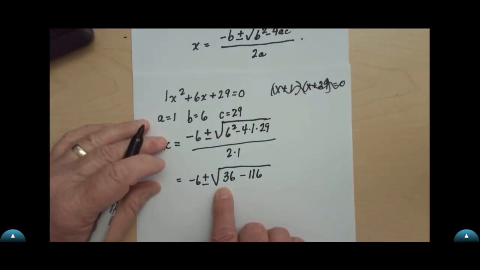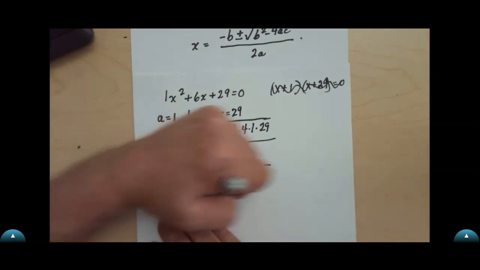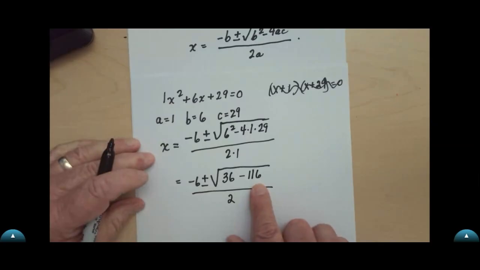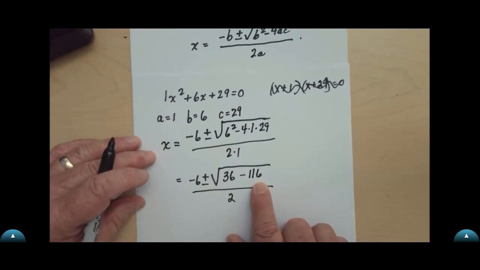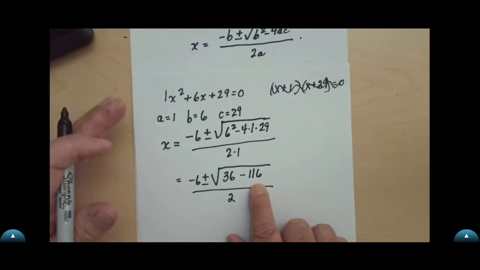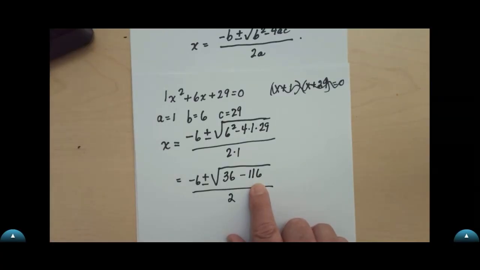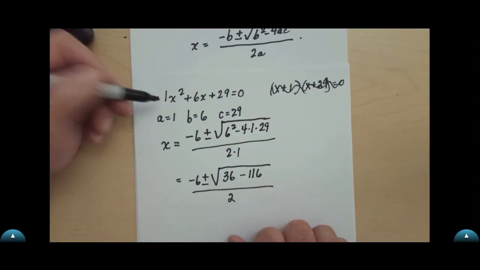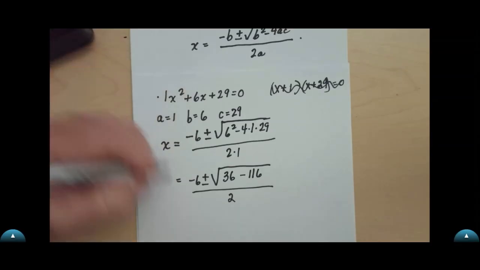So under that square root, we get 36 minus 116, all over 2 times 1, which is 2. Do y'all see that we're about to get a negative number under this square root? Yes. And remember, anytime you take the square root of a negative number, it means you're going to have an i, right? In other words, there are two solutions to this equation, but they're not real numbers. They're going to be non-real complex numbers.